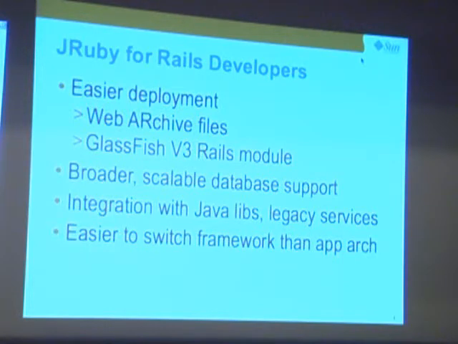There's also in Glassfish version 3 a Rails module that lets you deploy it more like Mongrel. Just type in a command with the directory for the Rails app, and it will start it up. And that's production ready. It will handle as many connections as you want, database connection pooling, all of that.